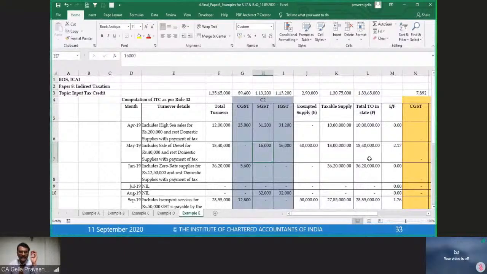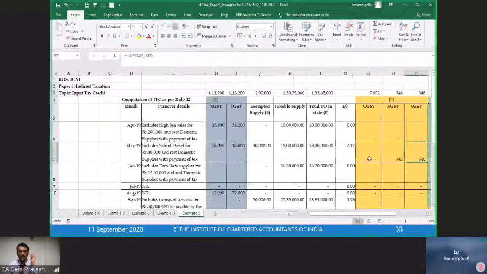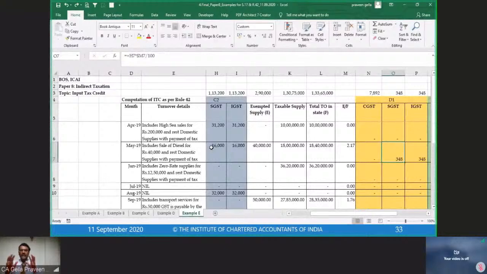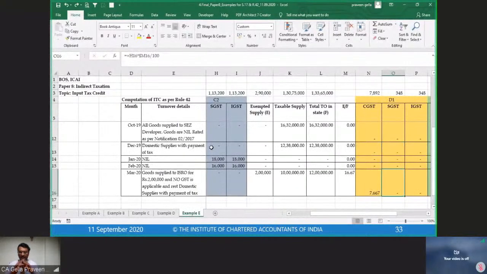So my D1 is nothing but 16,000 into 2.17%. For a moment, I'll just type that formula here to cross check whether we are right or wrong. 16,000 into 2.17 divided by 100. I'm getting 347. So yes, our formula is right. Rounded off formula. So if I do this formula, I'm getting D1.